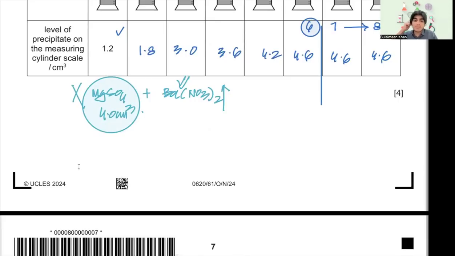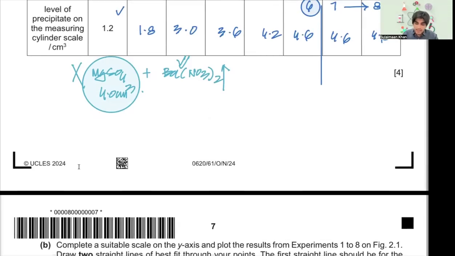Now the sulfate ions become the limiting reactant. So if somebody were to ask me to give the general trend for this entire experiment, if I increased barium nitrate, I saw that my precipitate was increasing. Why was it increasing? Because now I can infer that the barium nitrate was a limiting reactant. But this was only till experiment 6.